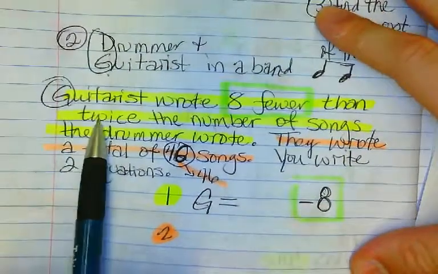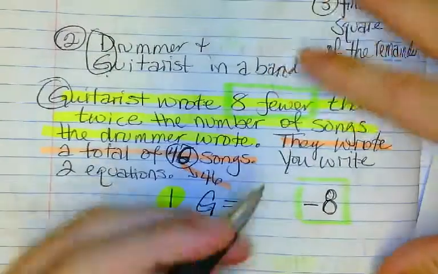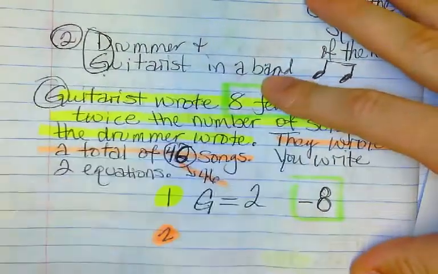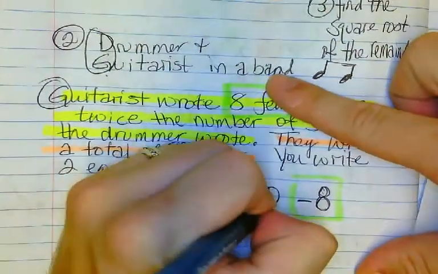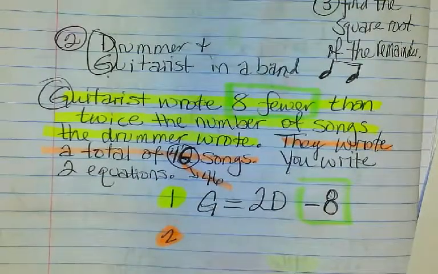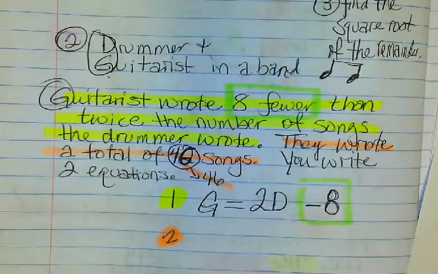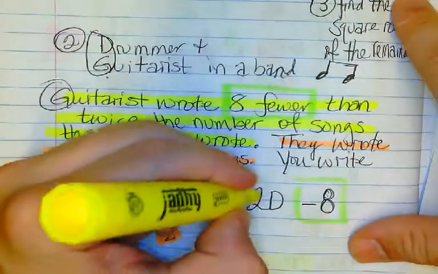Say twice the number. Twice the number is pretty easy because it's just 2 times that number. So there's equation 1. Hold on. Twice the number.